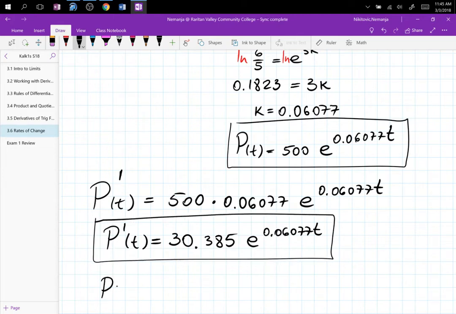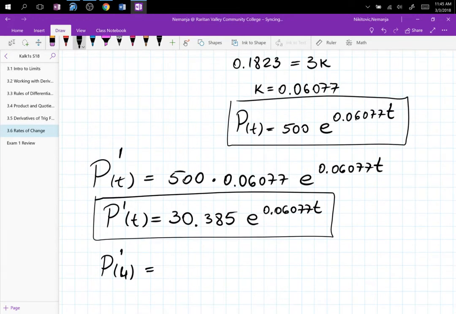Now I can answer P prime of 4. You plug in 4 into the equation, and that will give you the number of rabbits added to the population in year 4. It gives you the change for the year 4.